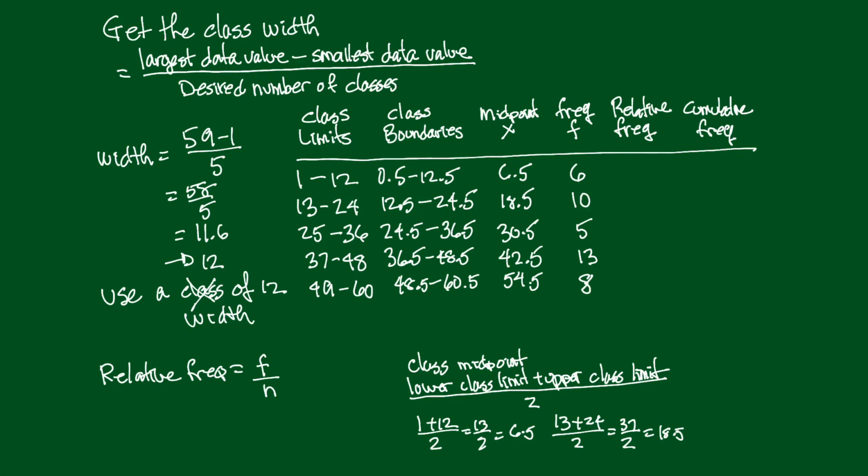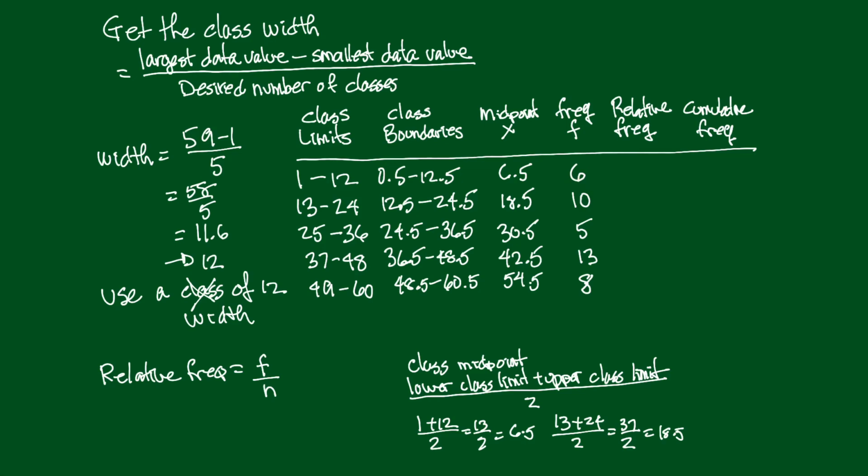Now let's get to relative frequency. So relative frequency means this: relative to the entire set of data, relative to all 42 pieces of data, how often does the 6 occur? Well, 6 divided by 42.